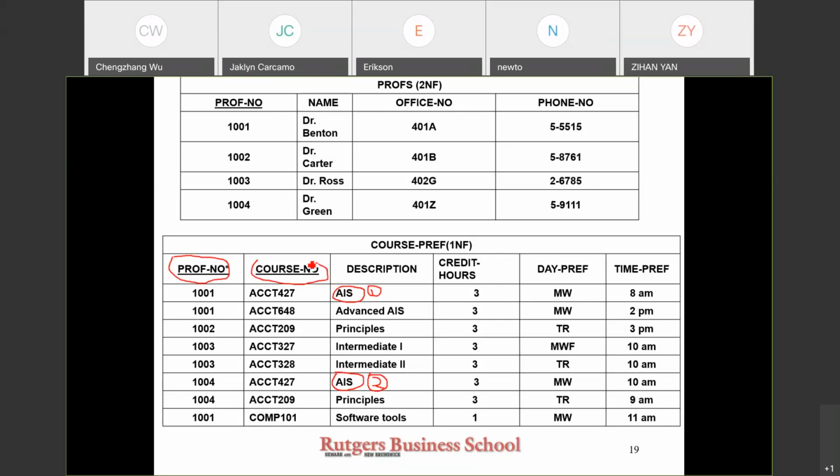That is a composite key actually. But the only fields that are dependent on both professor number and course number are the day preference and time preference.